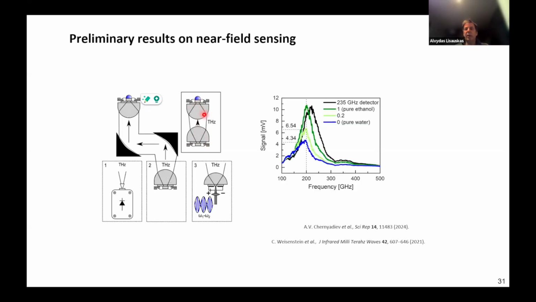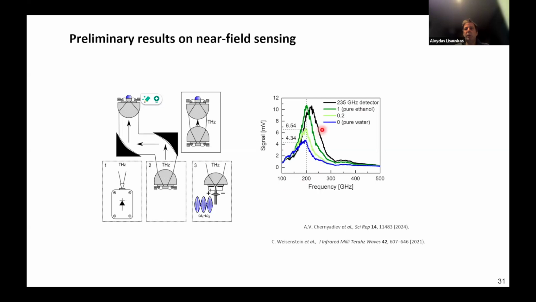As an example, the detector's normal response would be this black curve in the frequency, measured with photomixer radiation there. And if we load it with ethanol, for example, pour a drop of ethanol, then we see that the resonance shifts like that, because ethanol has very little loss, so it's only the dielectric load that we have on the antenna, nicely observed.